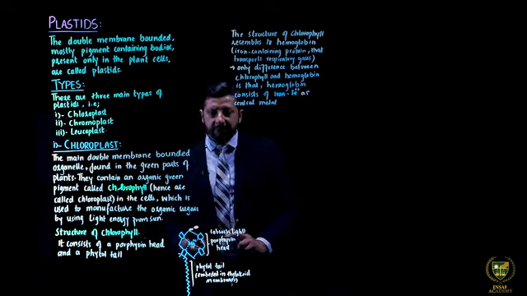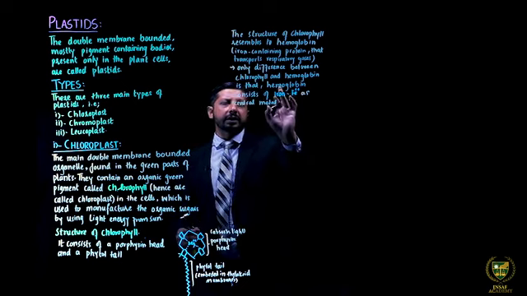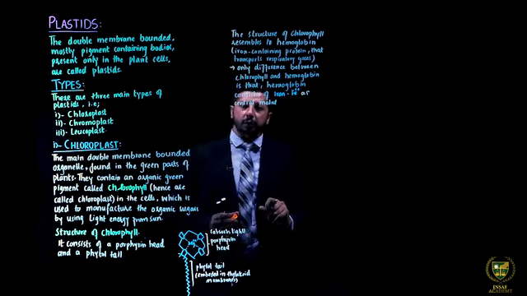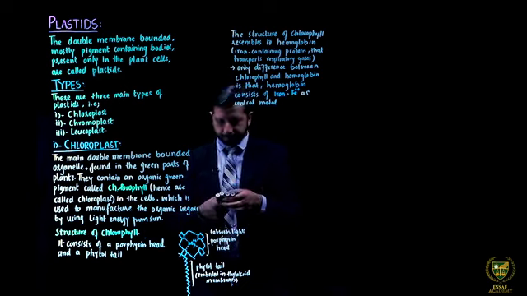Chlorophyll में central जो atom है, that is magnesium, while in the hemoglobin it's iron. So that is why it is called as the iron containing protein.